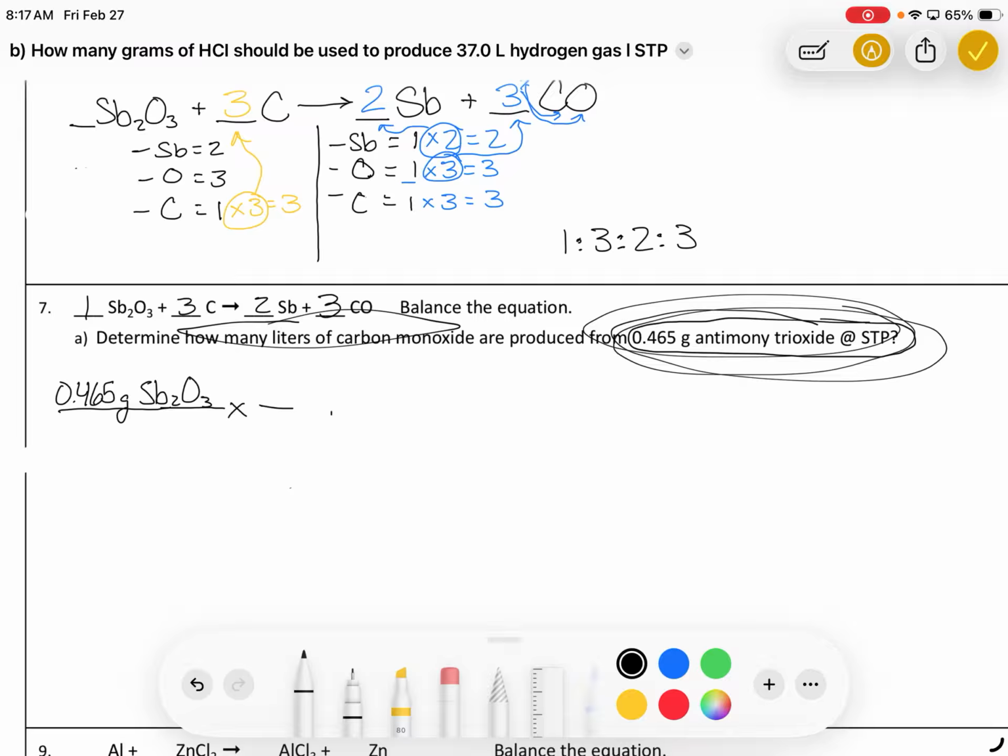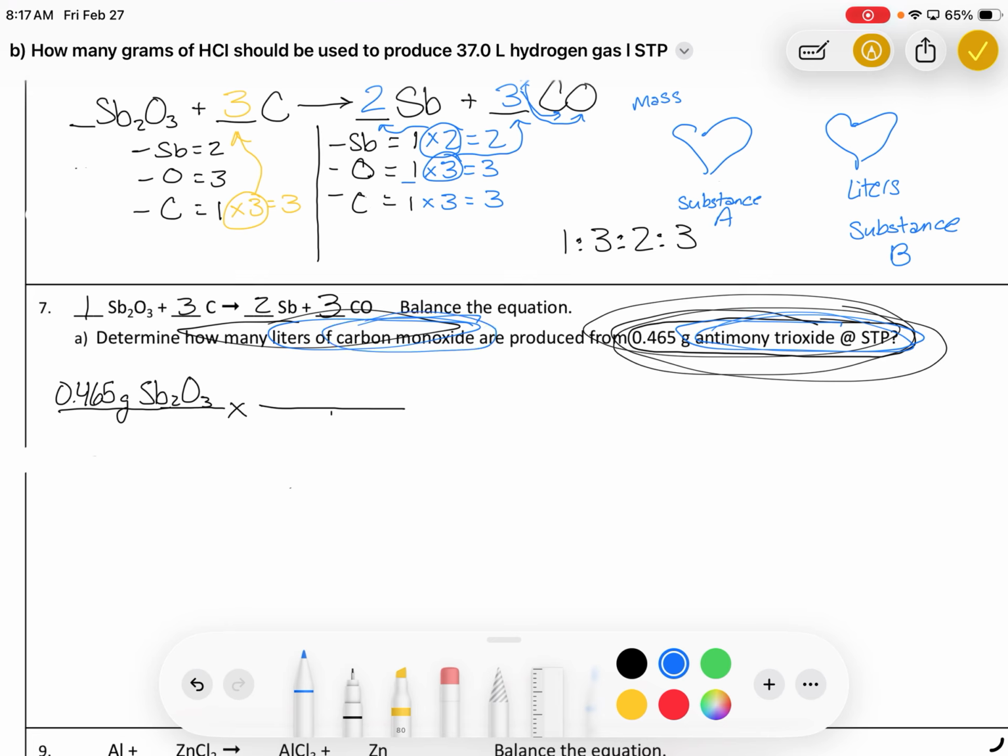Then, what are we wanting to turn that into? If you remember your mole diagram, where we have the 2 hearts, we're currently starting at mass of substance A. And we're wanting to turn it into liters of substance B. Substance A, we're referring to antimony trioxide, that's what we're given.